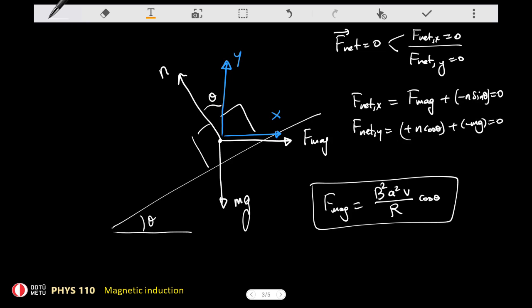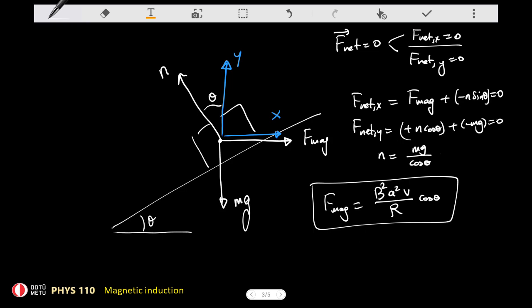So from here we find that n, the normal force, is equal to mg divided by cosine theta. Right, so it is the same at all times.